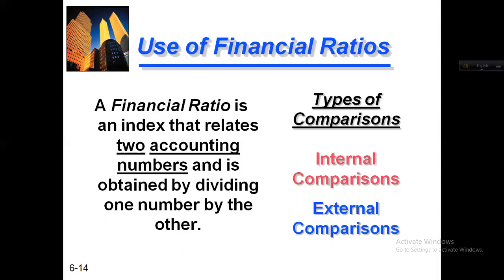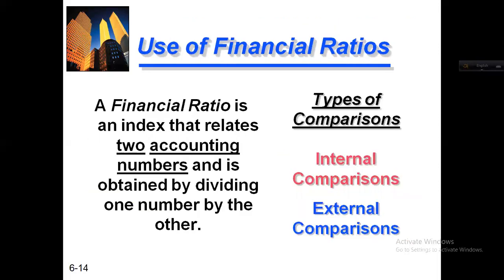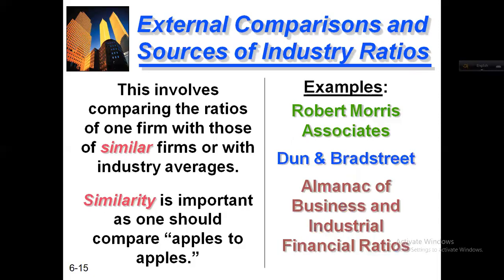Internal comparison means that we compare within the company, and external comparison means we compare with external sources. So, external comparison and sources of industry ratios. This involves comparing the ratios of one firm with those of similar firms or with the industry average.